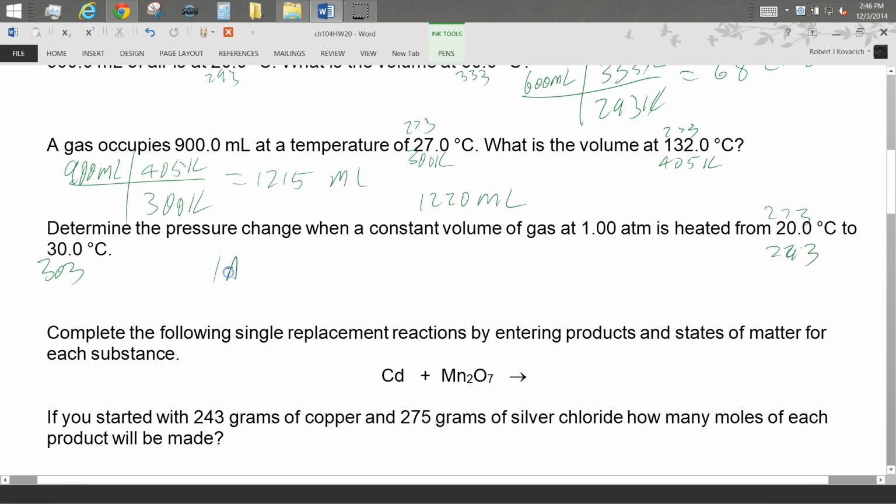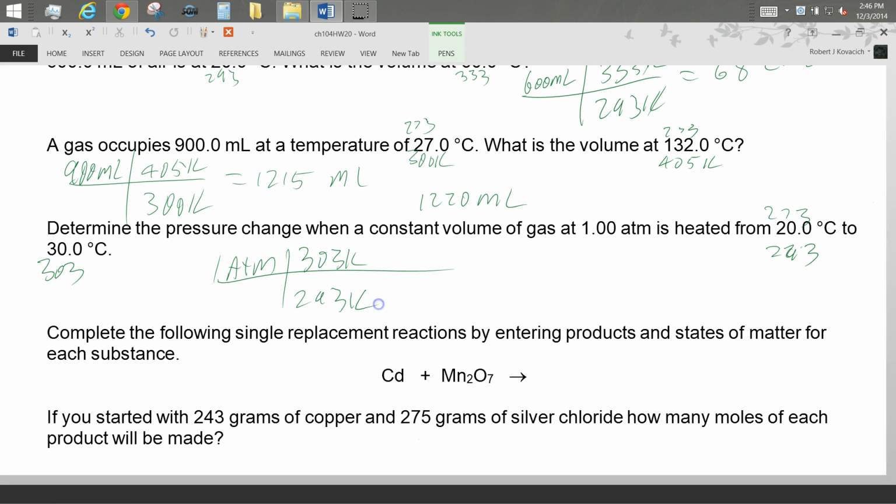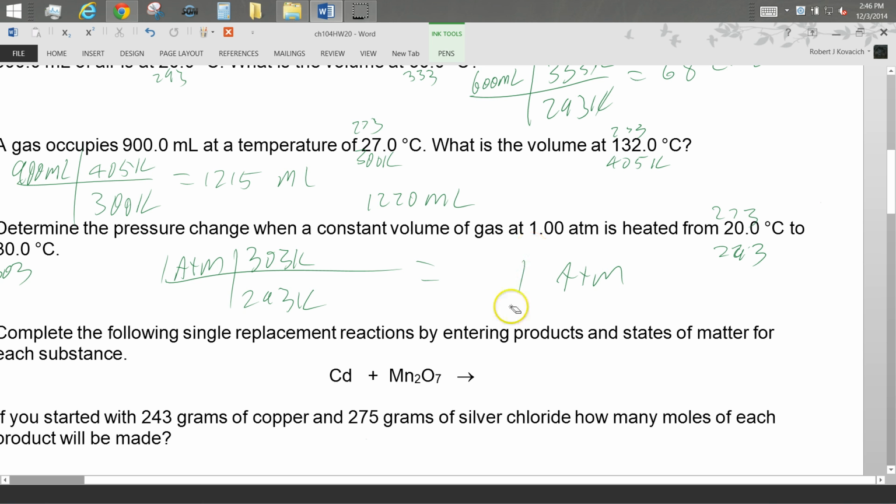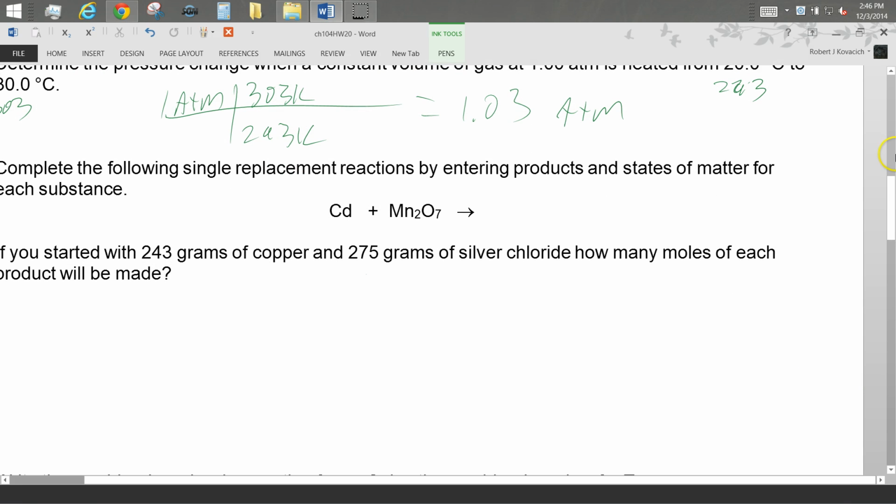So I have 1 atmosphere, and I'm going to put 303 Kelvin here and 293 Kelvin here. And then atmospheres will be my unit. And what do we get with this? 1.03? That looks good to me. Okay.